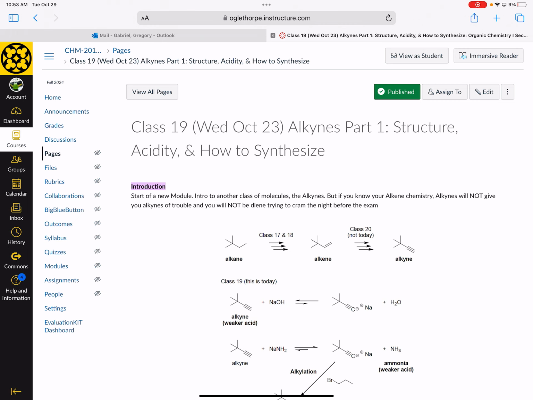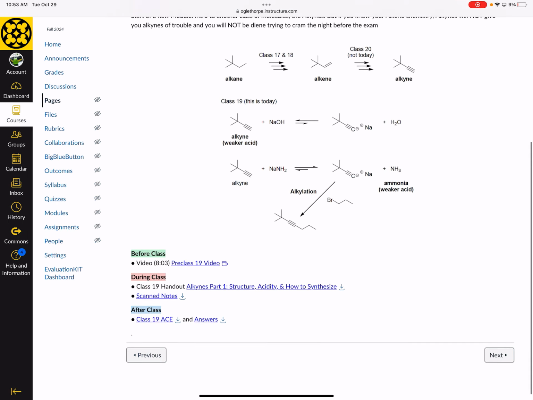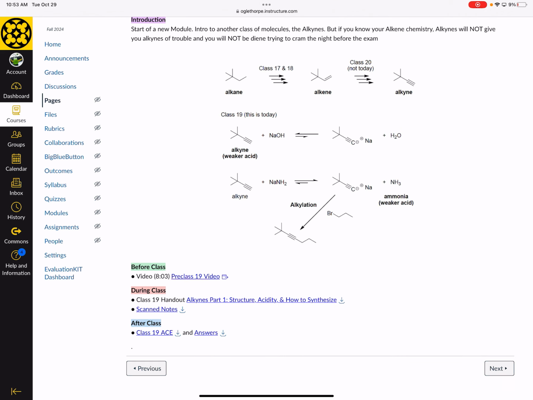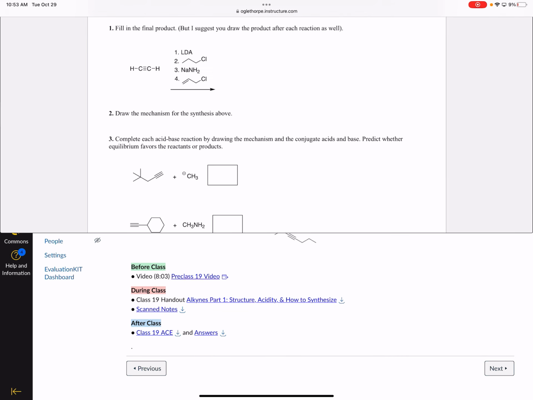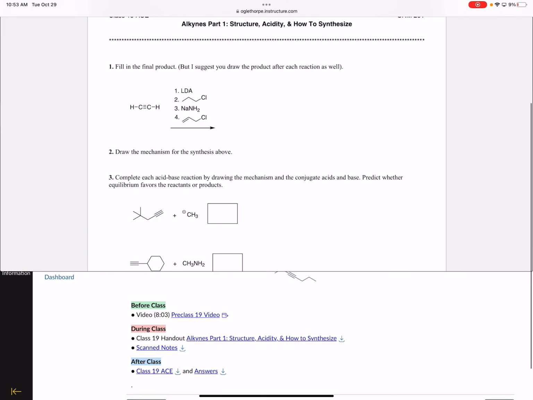Besides acid-base, there was only one reaction in class 19, and it was the alkylation. But let me show you the ACE set.